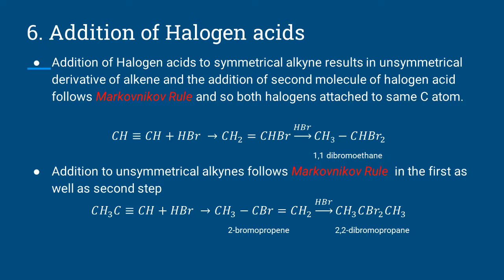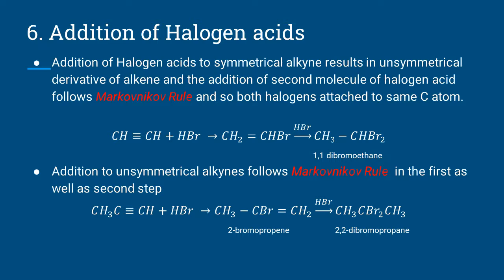So applying the Markovnikov rule, H plus will go to the carbon with CH2 and Br minus will go to the carbon with CHBr. That is, the negative part Br minus will go to the carbon atom with only one hydrogen. So you get 1,1-dibromoethane.